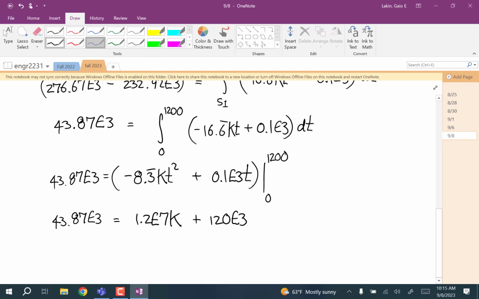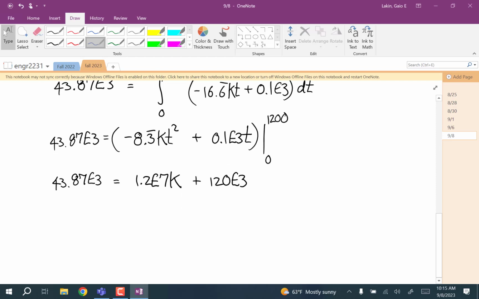Okay, and so it looks like now you can solve that. That k is going to come out negative. Subtract 120 times 10 to the 3 from both sides. What do you get over on the left side?